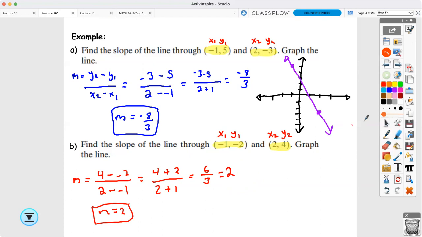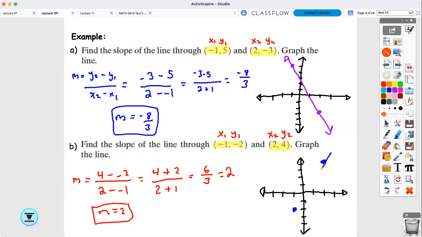Now we're not done. We have to graph. But if you can take a guess, what kind of line is it? Is it going to be upward, downward, vertical, horizontal? Looking at the slope, it's a +2. -1, -2, boom. +2, 4.